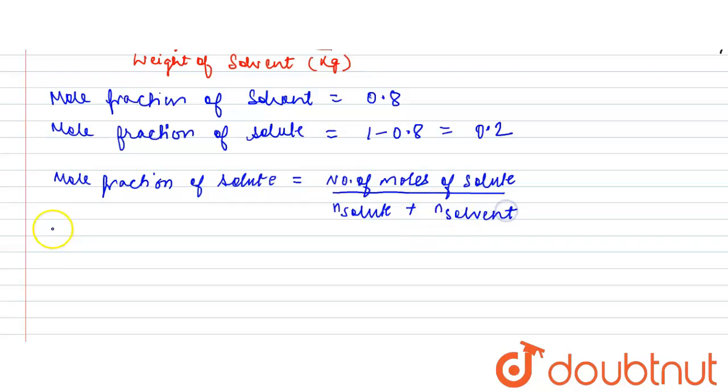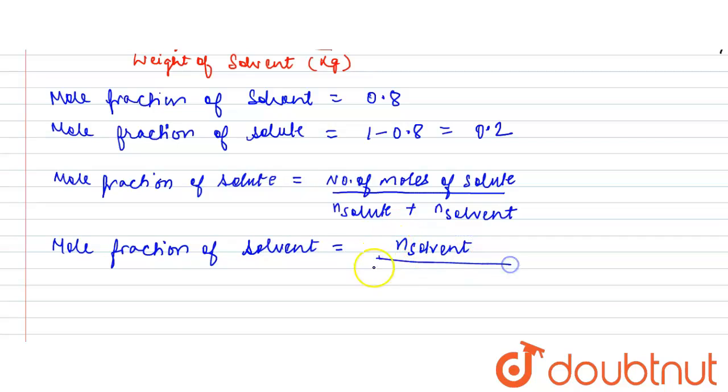And the mole fraction of solvent, if you calculate, is equal to the number of moles of solvent divided by the number of moles of solute plus the number of moles of solvent, right?